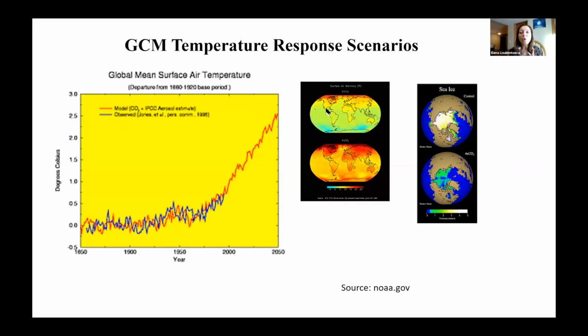The fact that all these models are developed by very different centers, by very different groups, using different methodologies, and they're all telling us very comparable, very similar stories, actually tells us a lot about their very good agreement.